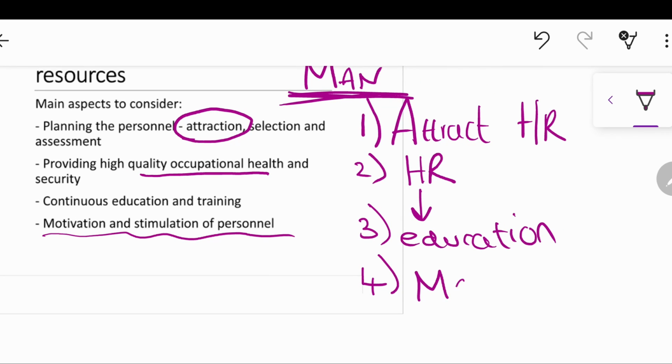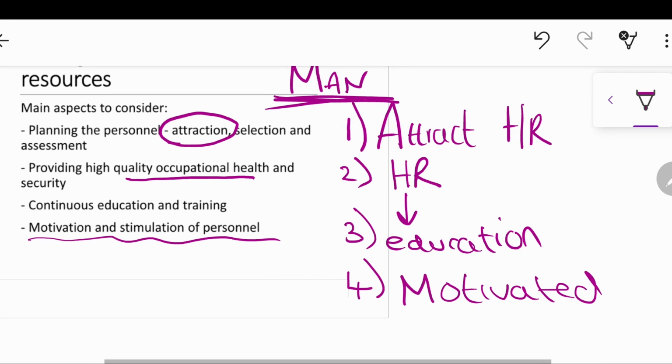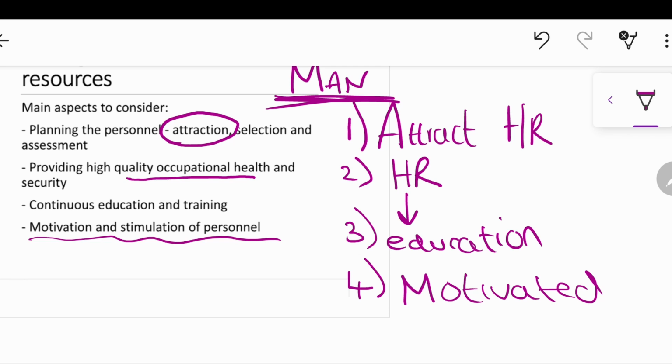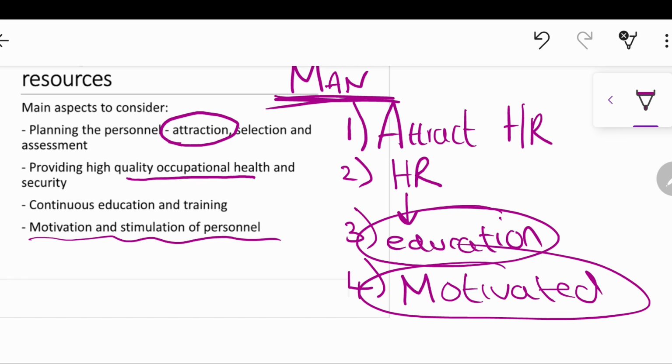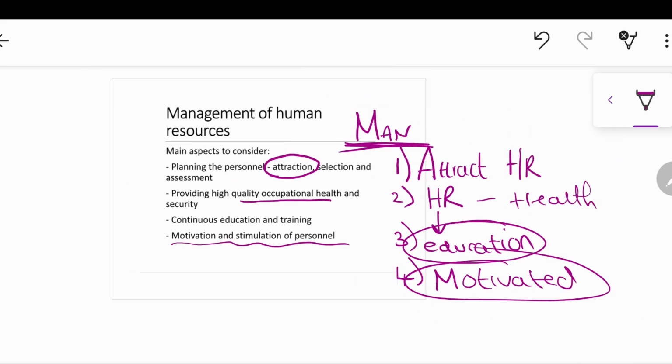So what a manager should do is attract these people, and provide them with education and motivation and quality occupational health. We need to provide them good health.